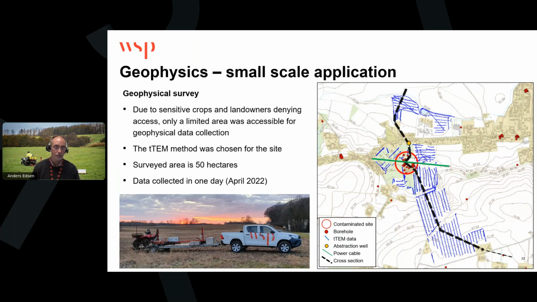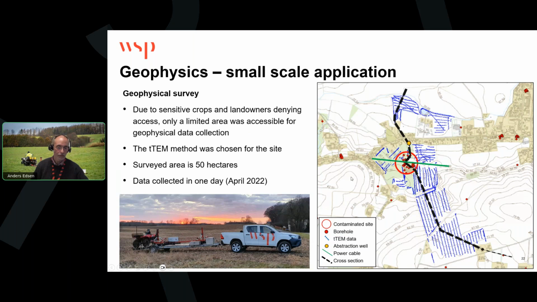You can see on this map that the blue dots represent the data that was approved during the processing, which covers this area. We have a power line cross-cutting the area, so nearly no data was available close to the site. I want you to pay attention to this profile cross-cutting the area.